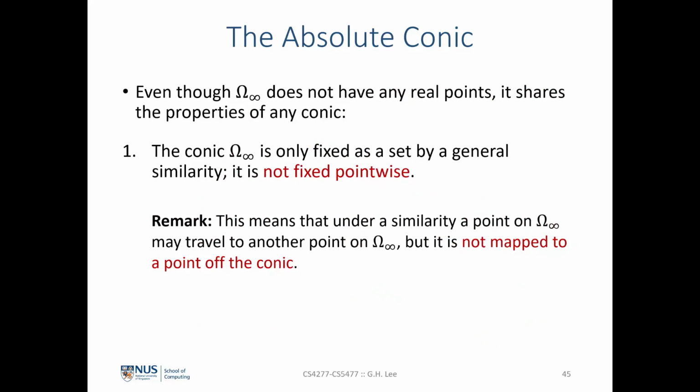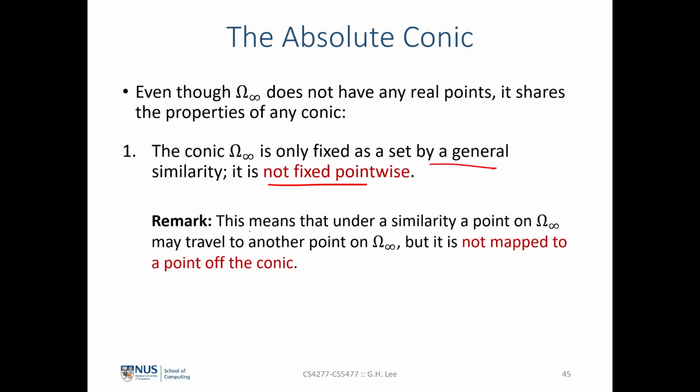Even though the absolute conic does not have any real point, it shares the properties of any other conic. The absolute conic is fixed as a set in general, but it's not fixed pointwise under any similarity transformation. This is the same as the plane at infinity, which is fixed under affine transformation but not pointwise, as well as the line at infinity.